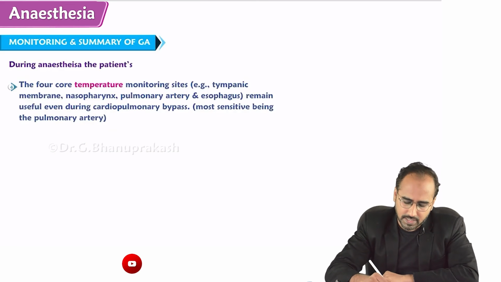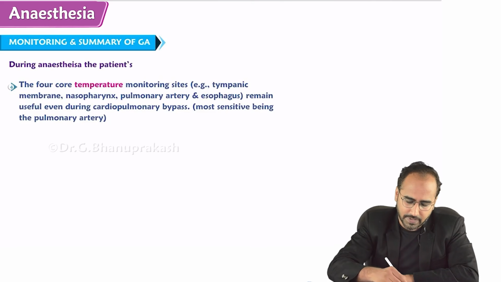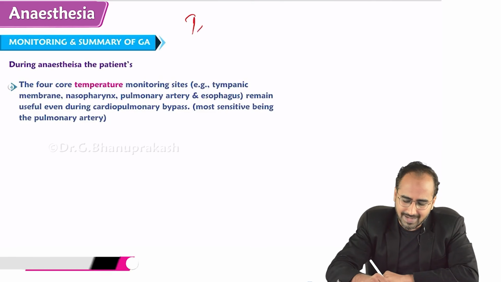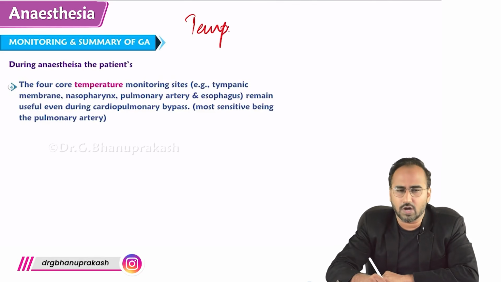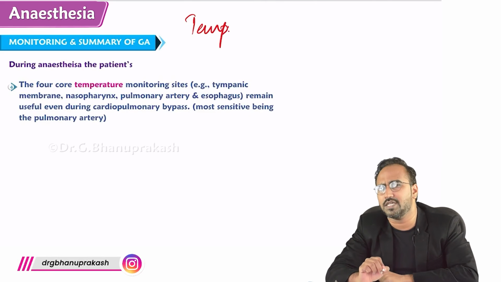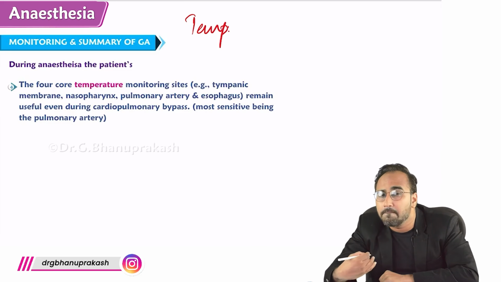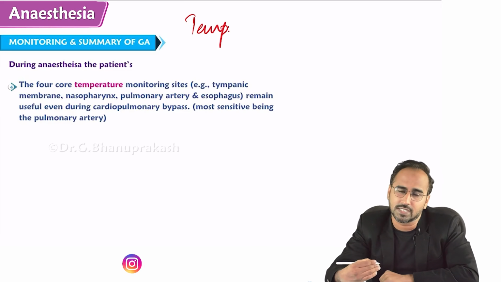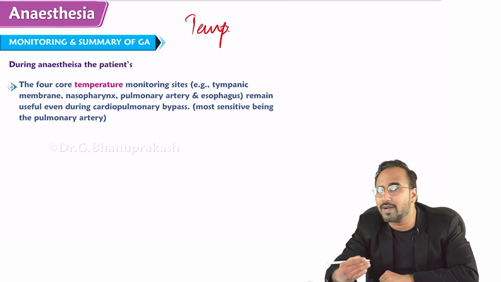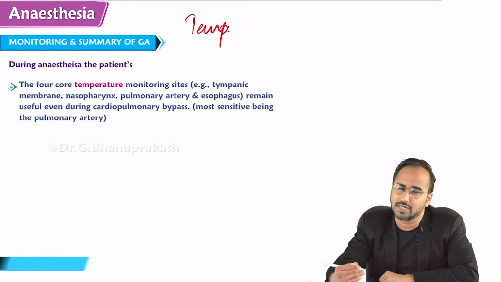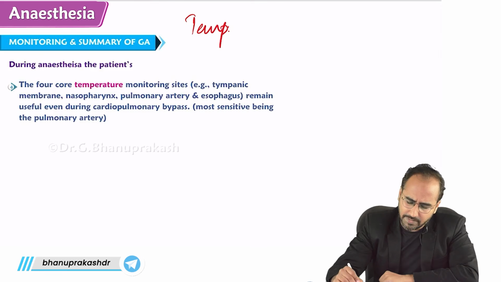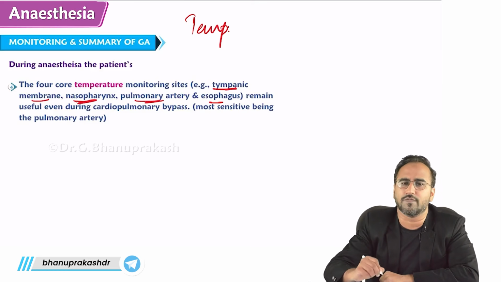The last thing that can be monitored is the temperature. Remember, for almost all small surgeries, you require peripheral temperature monitoring. But for major cardiac surgeries, it should be monitored by checking the patient's core temperature. There are many sites for checking core temperature: tympanic membrane, nasopharynx, pulmonary artery, and esophagus.